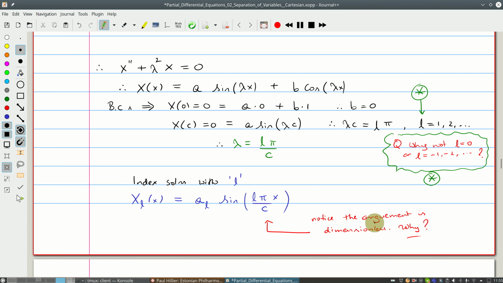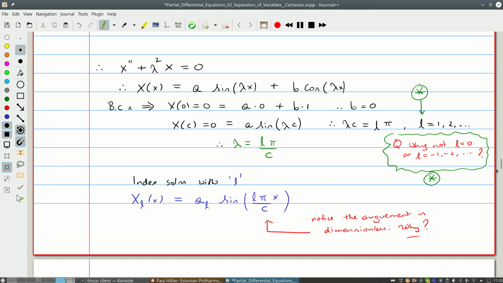This doesn't make any sense. But if the argument is dimensionless, then every term in that expansion is also dimensionless. And this is why we get such arguments in here: x divided by c, where both of them have dimensions of length, so they cancel out.